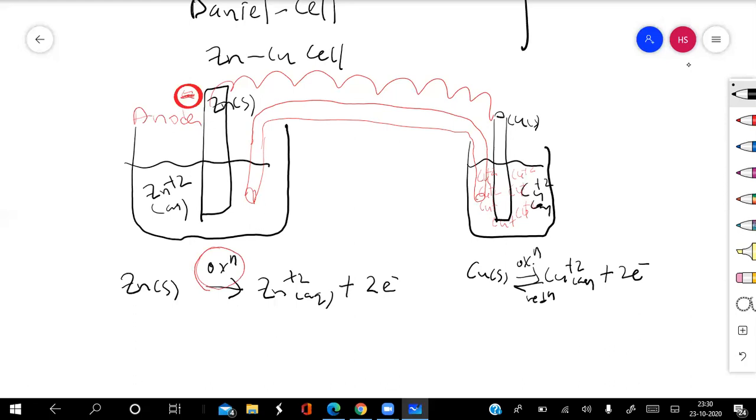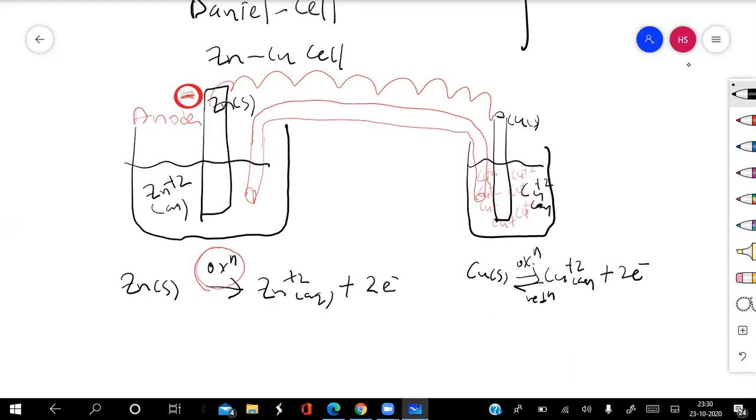Reduction. So when you combine the 2 electrodes, both of these electrodes have different capacities, different abilities. One has higher potential towards oxidation and the other has higher potential towards reduction. The one with higher potential towards oxidation will always be placed on the left hand side, and the one with higher tendency to undergo reduction will always be placed on the right hand side.